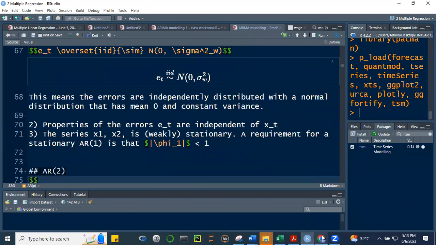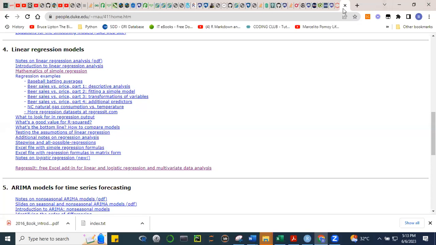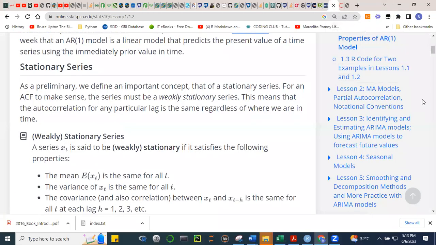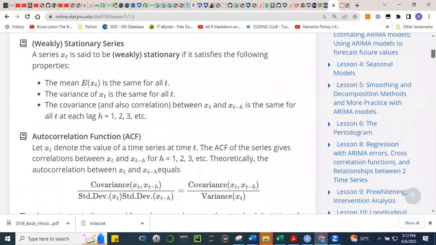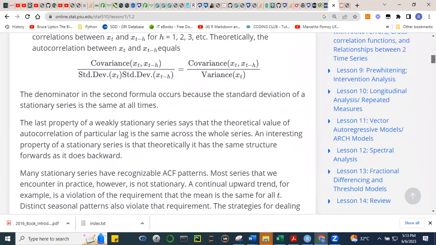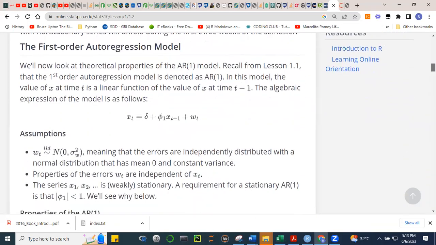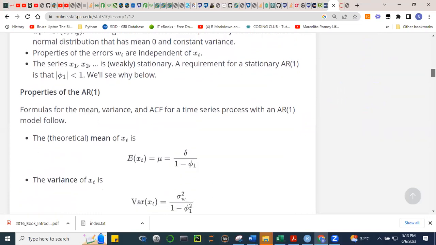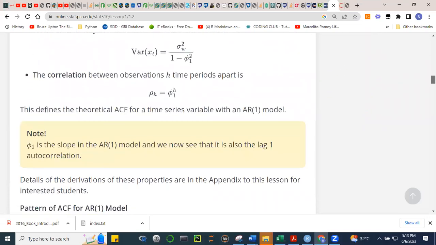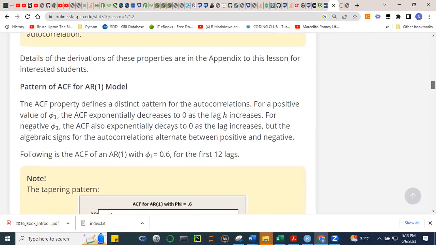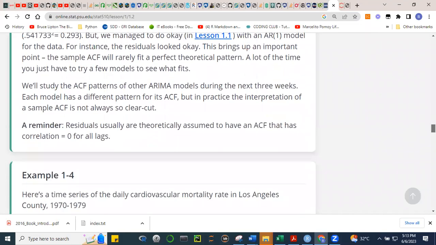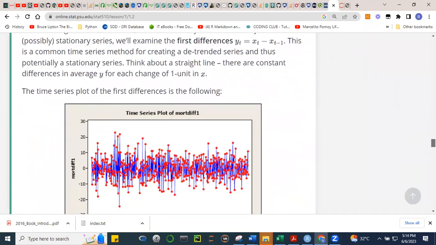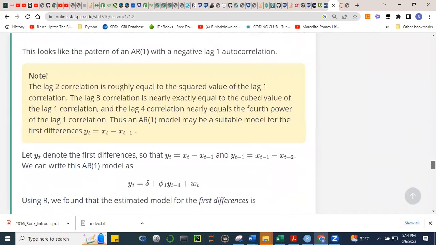Now, yung AR2, let me see if, hindi dito ba siya sa ano? Okay. I think it's here, no? Sa PSU, sa Penn State University. All right, let me just check if binigay ba niya yung ano? Let me see if it gave the AR2.